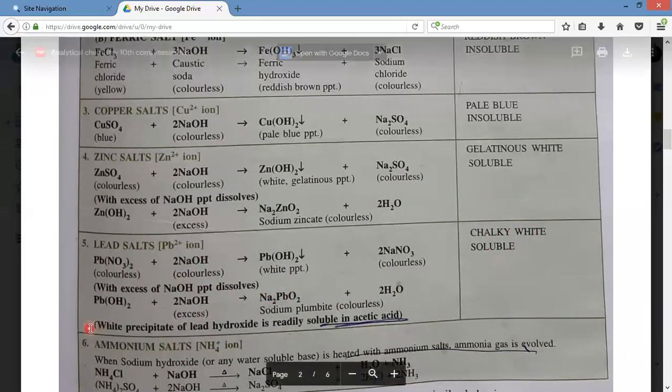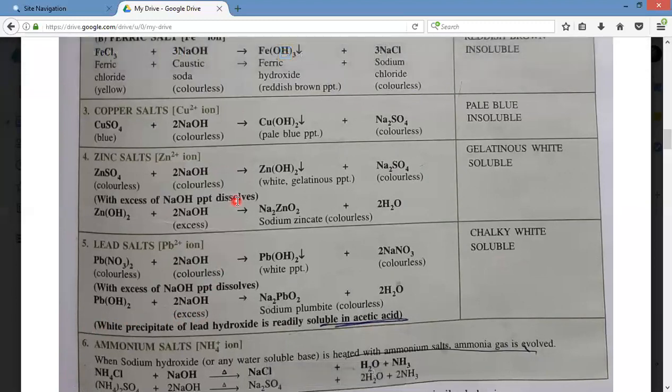And when lead hydroxide in excess is taken, same as zinc, sodium plumbite forms, Na2PbO2, which is also colorless in nature. The white precipitate of lead hydroxide is readily soluble in acetic acid. Very important point. Kindly note it down and mark it important. The white precipitate of lead hydroxide is soluble in acetic acid.